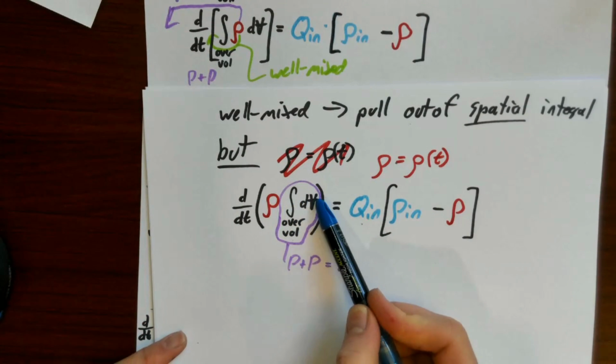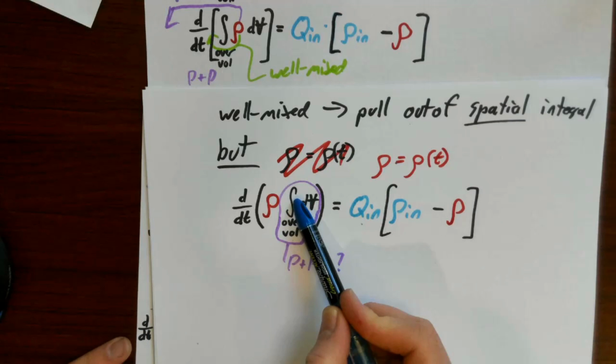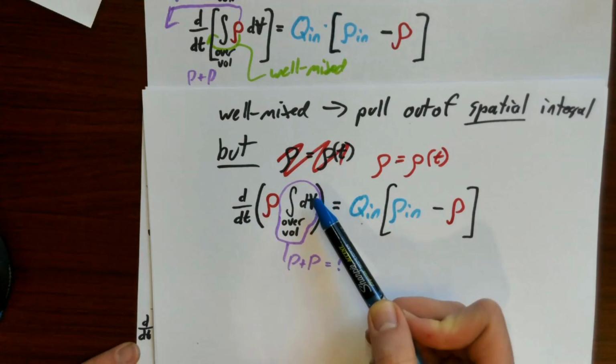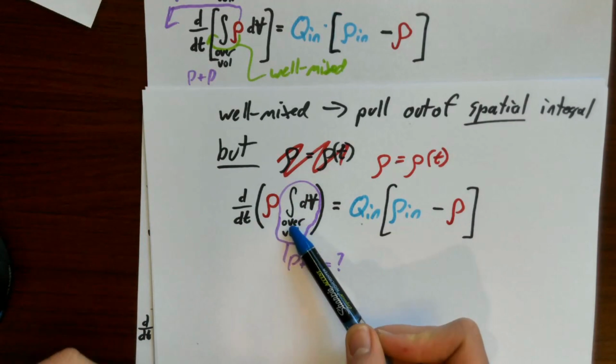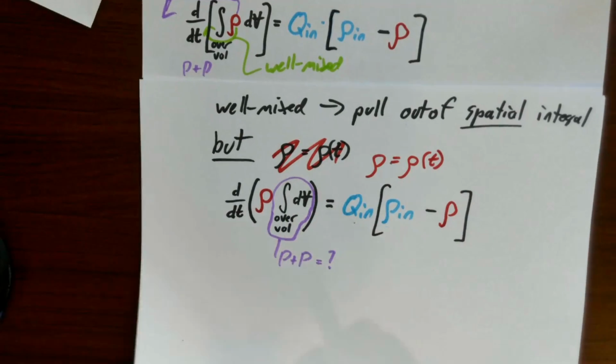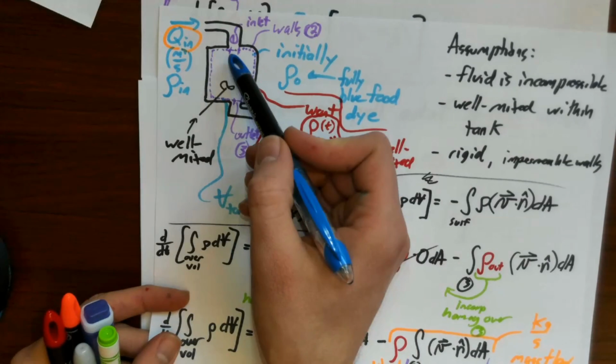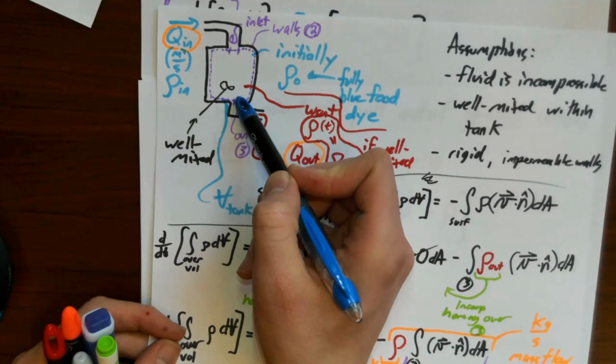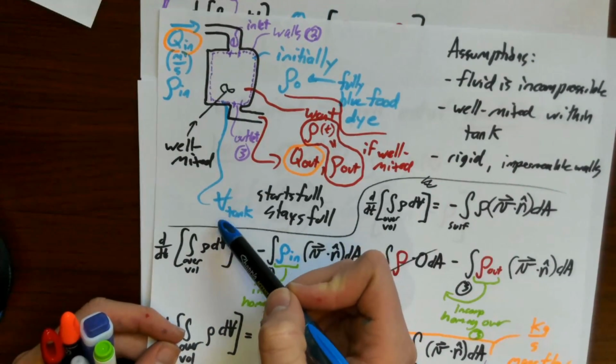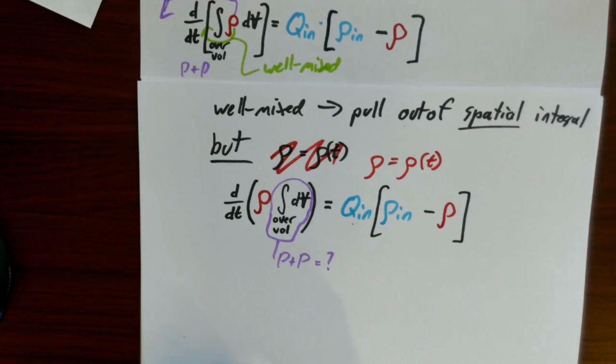If you have an integral dV and nothing else inside the integral, an integral dV is just V, and if we're integrating over the whole volume, this integral dV is simply the volume of the tank, which we said was some known constant. So we can make one more simplification.